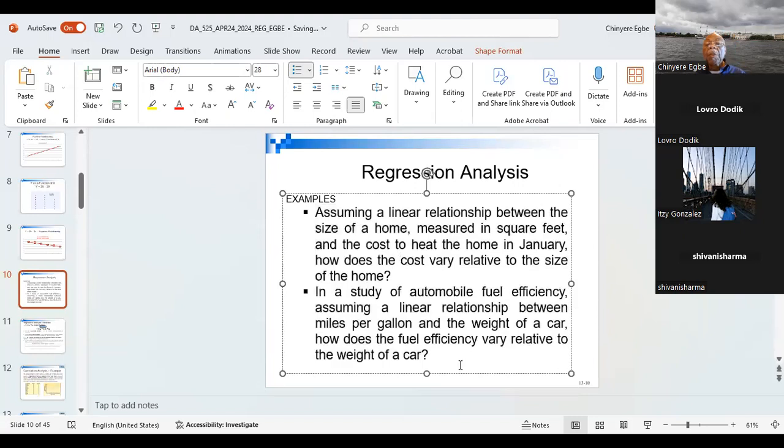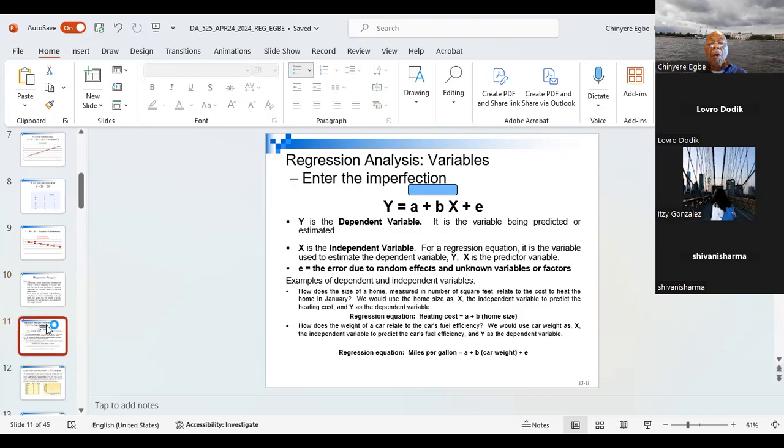Here, we assume a linear relationship between, say, the size of a home measured in square feet and the cost to heat the home, say, in January. How does the cost vary relative to the size? So we specify a model. C is a function of the size of the home.